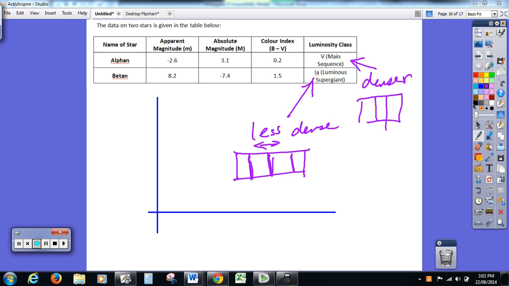Yes, so sorry, the main sequence star would have a thinner band, and we'd have larger, thicker bands in the less dense stars. So that's another thing that we can work out from this data up here.